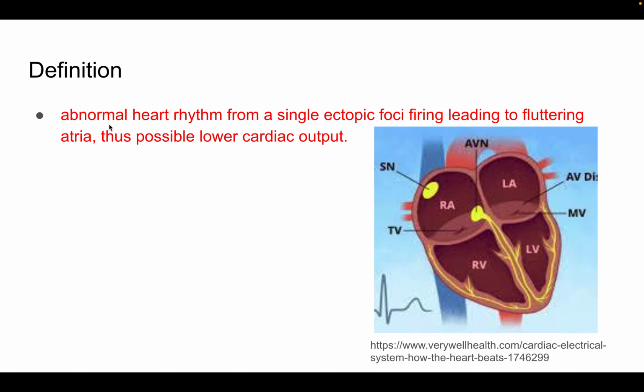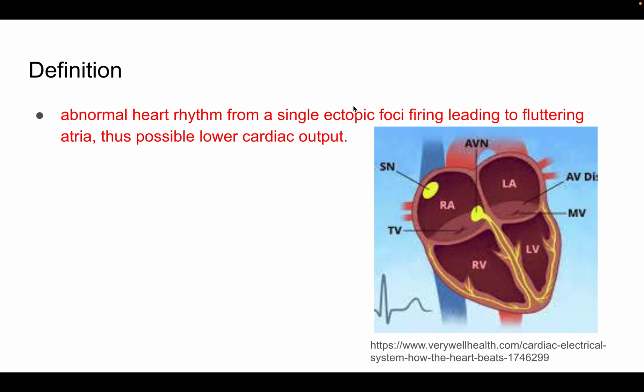My definition of atrial flutter is an arrhythmia that comes from a singular ectopic foci. If we remember, we talked about atrial fibrillation being multi-ectopic foci. So there's multiple ectopic foci firing in atrial fibrillation, but in a flutter, there's just a singular ectopic foci firing, and you'll understand it better when we go over the EKG in the workup section.